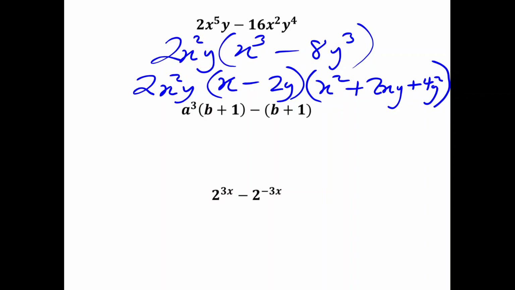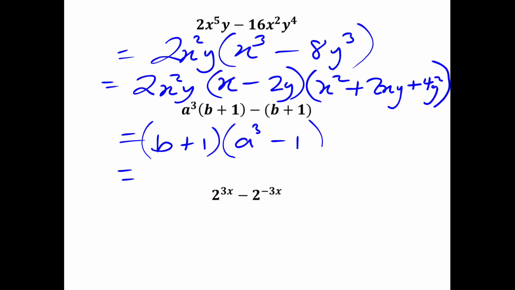Now, factorizing the one below here, you can see the highest common factor is a b plus 1. If you take that out, you remain with a cubed minus 1, which factorizes nicely into a binomial and a trinomial. So we have the binomial, then a trinomial.